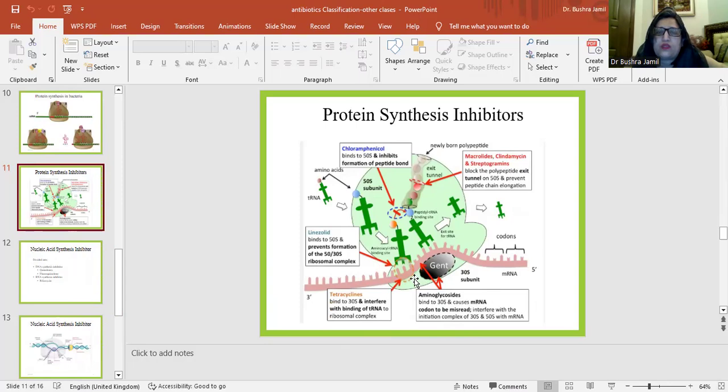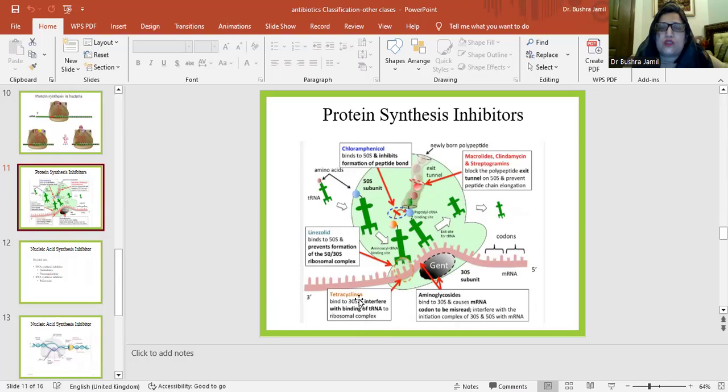Definitely when aminoglycoside binds to the codon of messenger RNA, the space would be occupied by the antibiotic, and the codon will be misread. Thus it interferes with the initiation complex of 30S and 50S with messenger RNA.